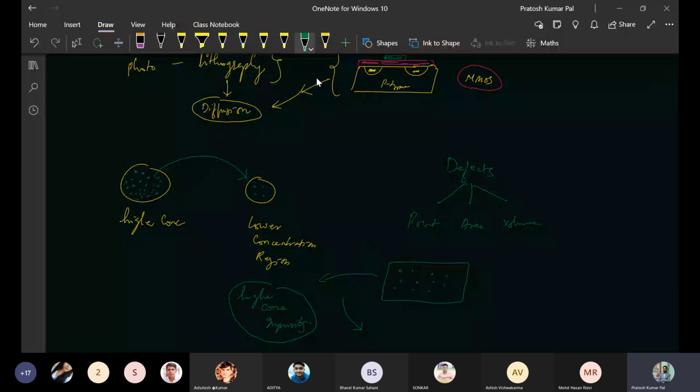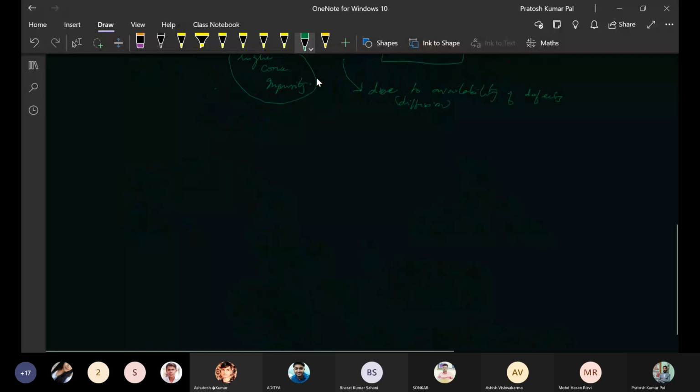So due to the availability of defects in the crystal or wafer, a process of diffusion will take place.